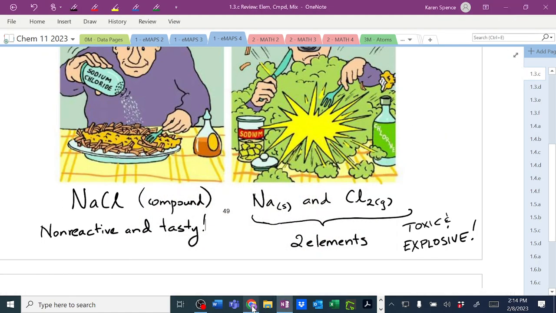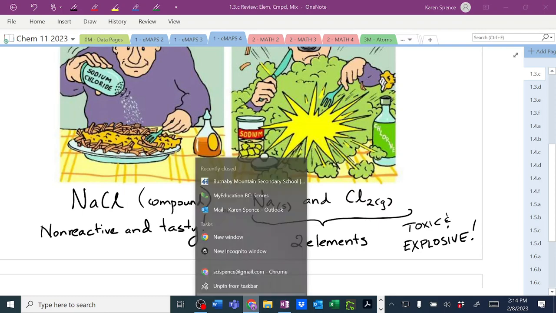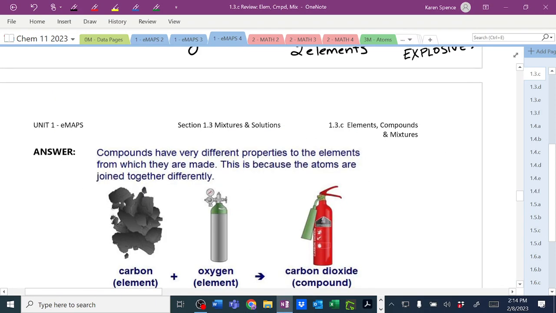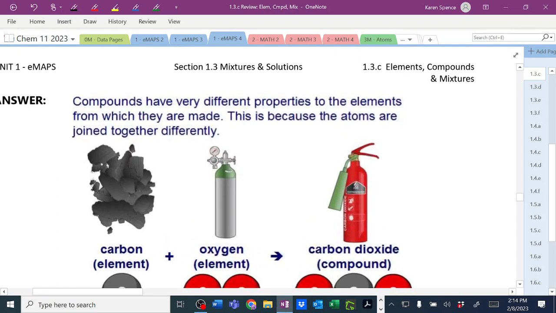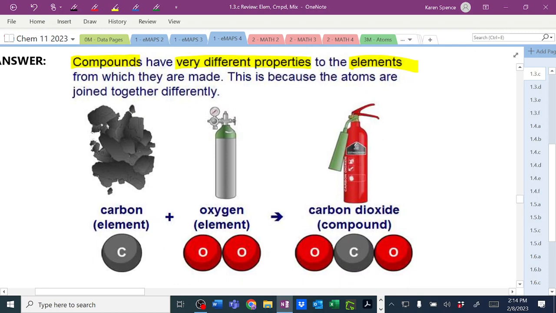All right. So the moral of the story is that compounds have very different properties to the elements from which they are made. Another example we could look at: carbon.